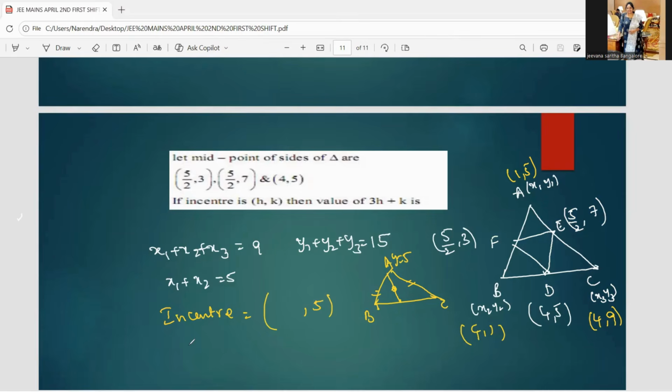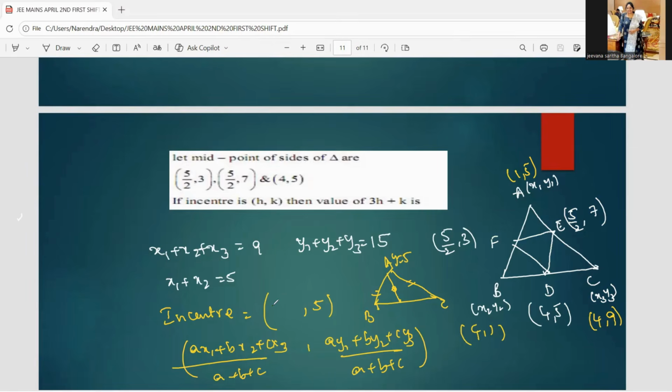And we can find the x coordinate using (ax1 plus bx2 plus cx3) divided by (a plus b plus c), and similarly (ay1 plus by2 plus cy3) divided by (a plus b plus c). This is the formula used for finding the incenter of a triangle. But the y coordinate is easy to find here.